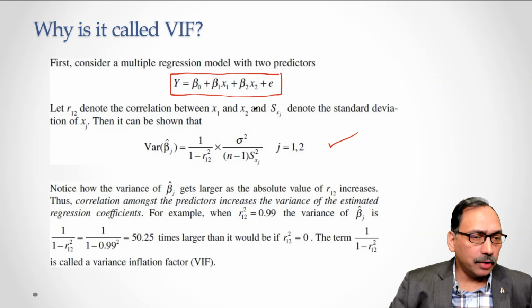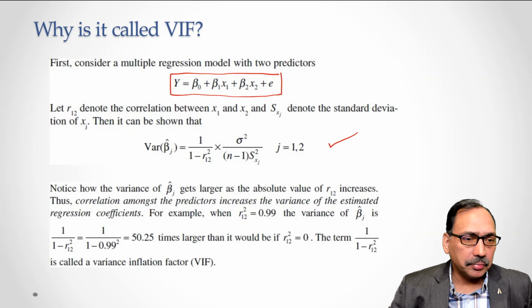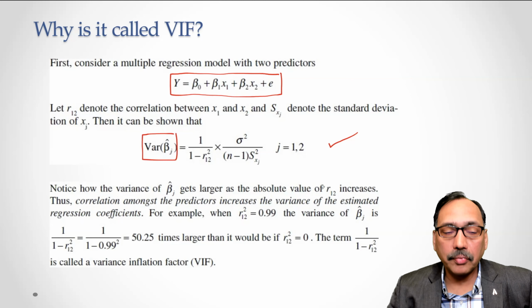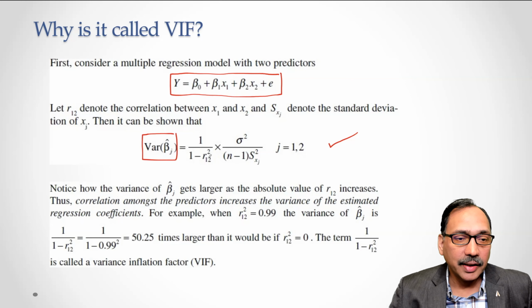In this formula, you'll see that the variance of the coefficient gets larger as the value of the correlation coefficient increases.